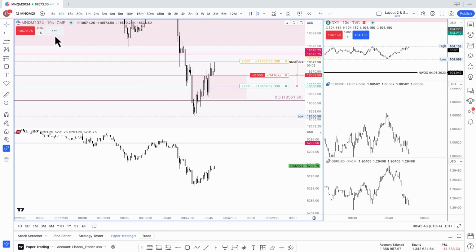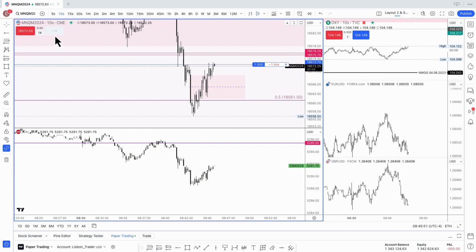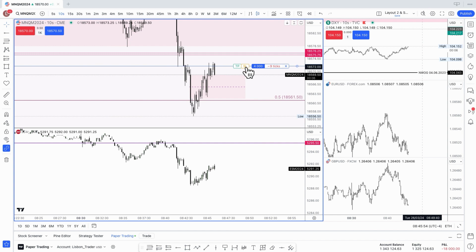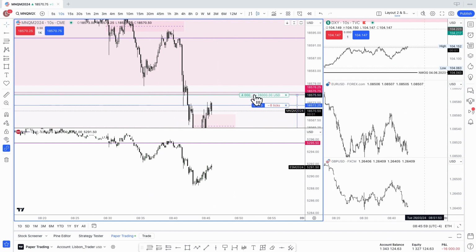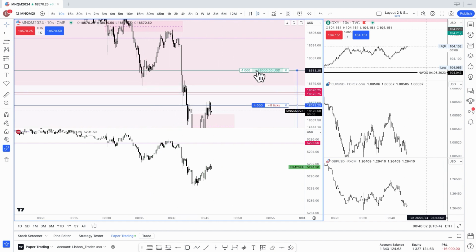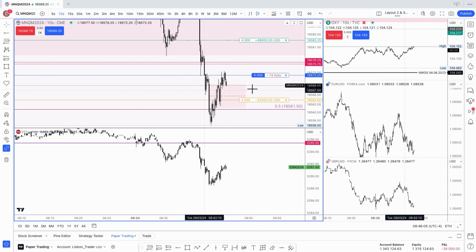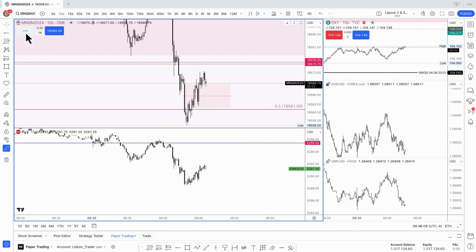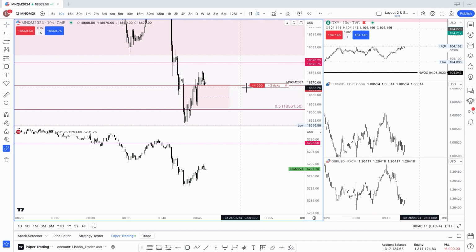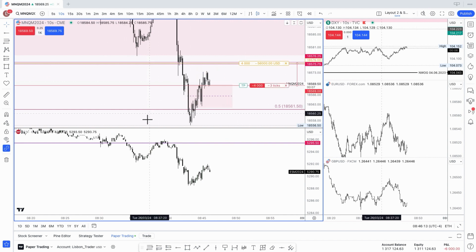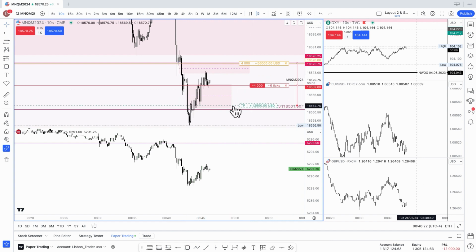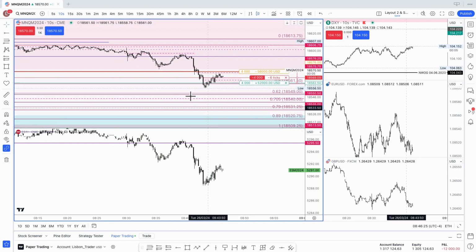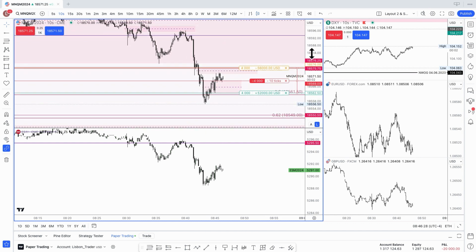Got it wrong. It's too heavy. So there's this building a level.